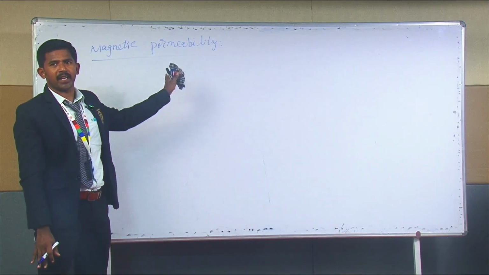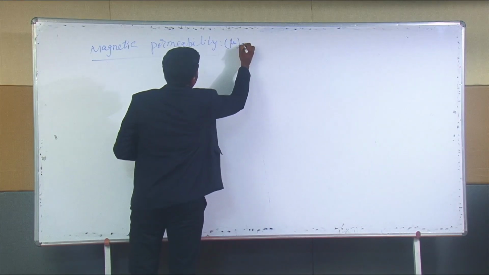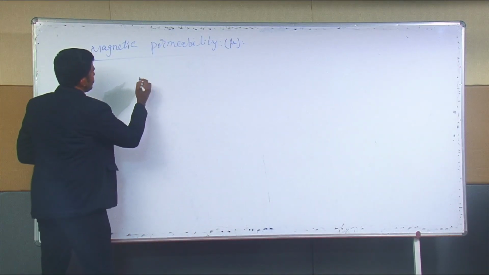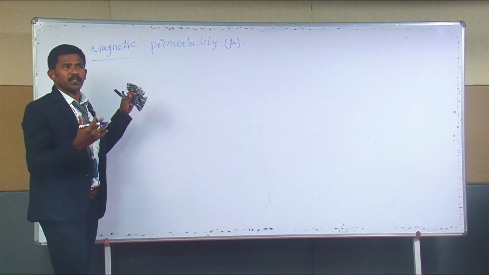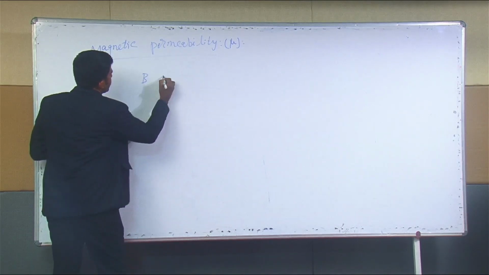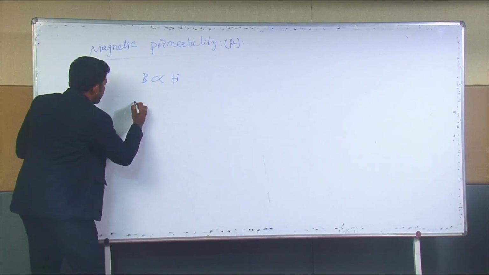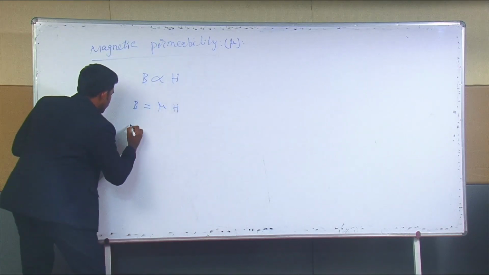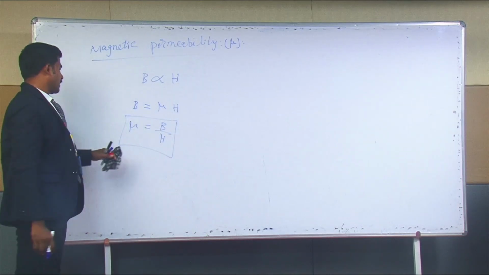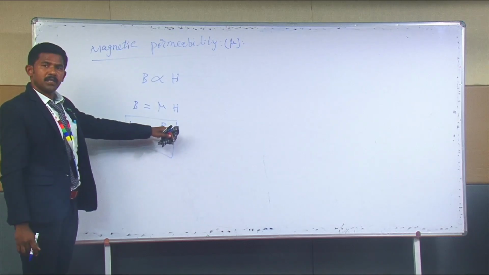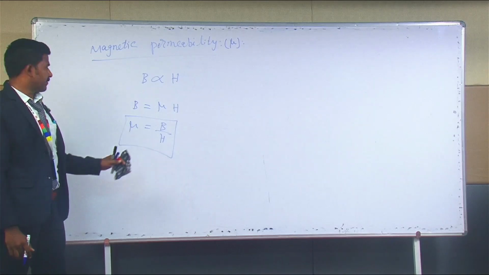That is the magnetic permeability, denoted as mu. It is directly proportional to how much field we apply. B is directly proportional to H, so removing the proportionality, B is equal to mu H, so mu is equal to B over H. Mu is the magnetic permeability, B is the magnetic induction, and H is the applied magnetic field or magnetizing field.